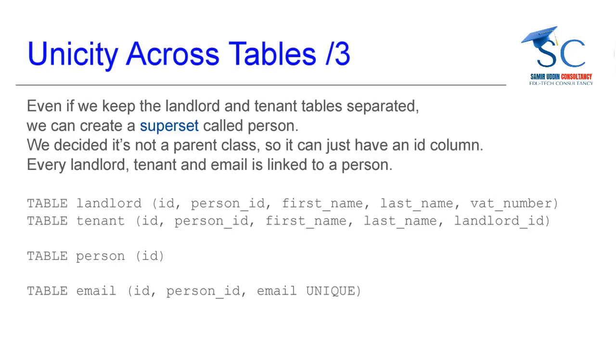Maybe we will have to add another column to specify if this is a landlord or tenant, but I didn't want to dig too much into things. So in this case, anyway, I hope you see that we can solve the problem we mentioned, because we create this separate email table, and this email table has a person ID, which links to person, and then you will be perfectly able to create a foreign key if necessary.